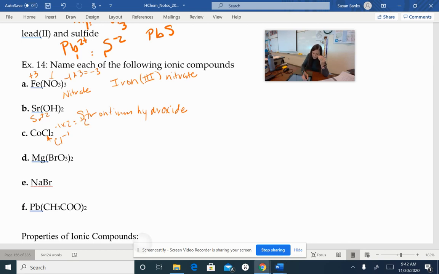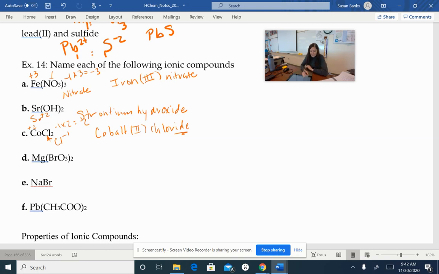Negative 2 plus positive 2 equals 0. So that cobalt is positive 2. So cobalt 2 chloride. Remember, we have to add that "ide" when we have a non-metal. We take the root and we add "ide."